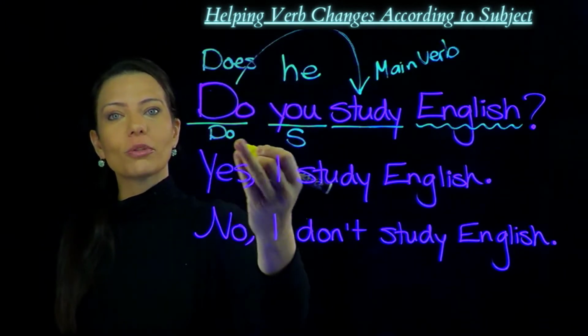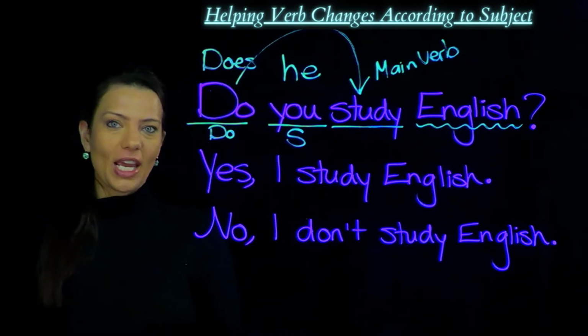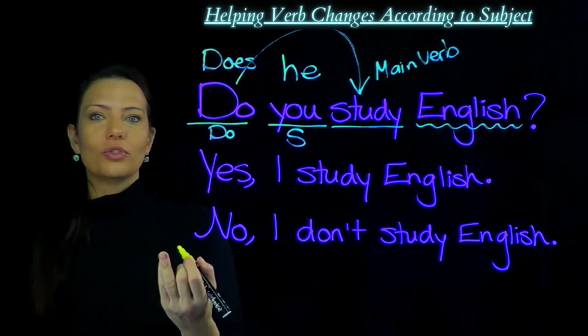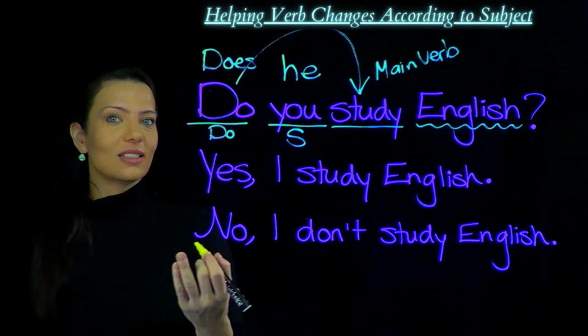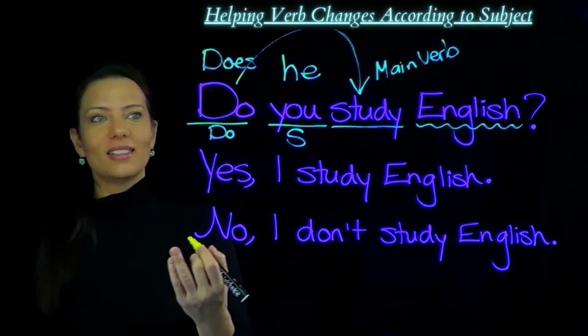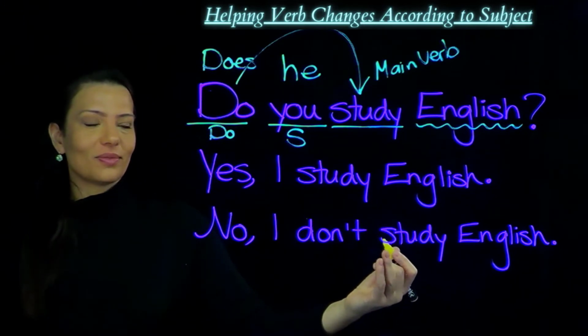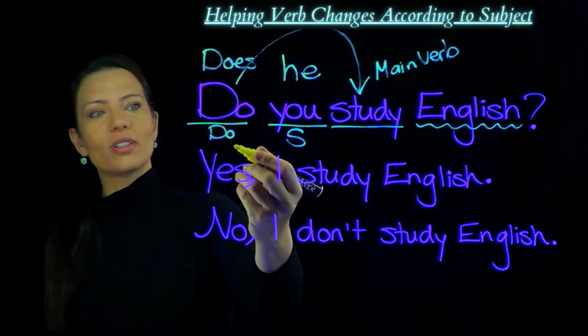So the helping verb do is going to change for the subject. Do you study? Does he study? Does she study? Do they study? Okay, so that's very important to note.